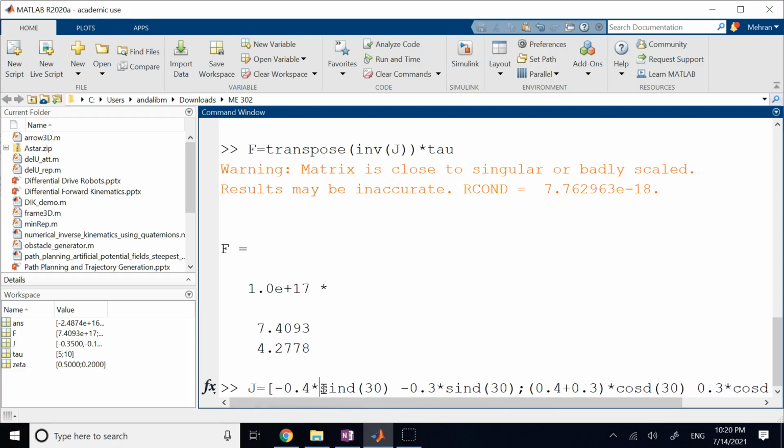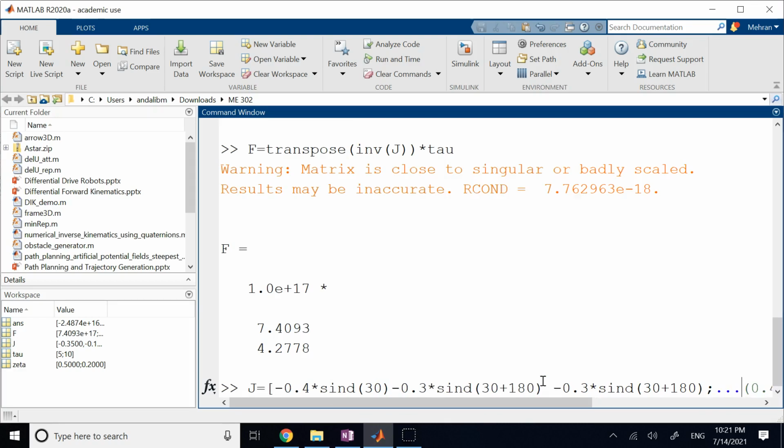Here A1 is 0.4 and A2 is 0.3, so it is smaller than A1, so you are good. That is the first one, and then minus A2 sine of theta 1 plus theta 2, and theta 2 is 180, so that is your first element. Your second element is simply negative A2 times S12, which is this guy.